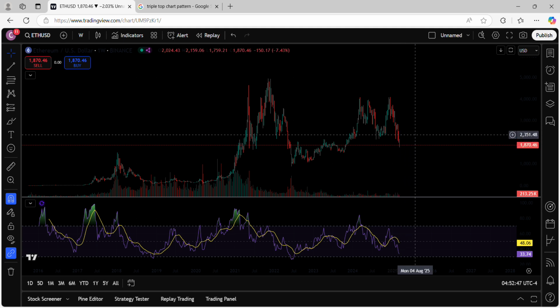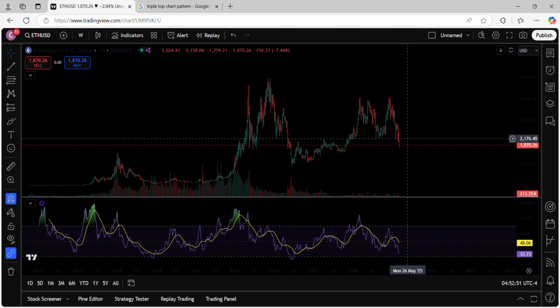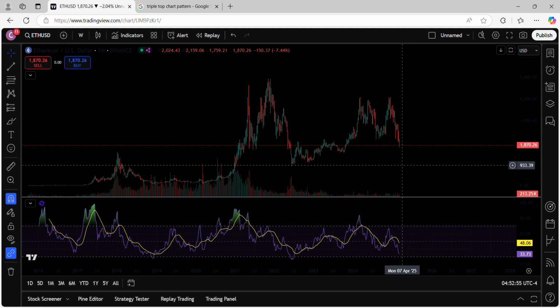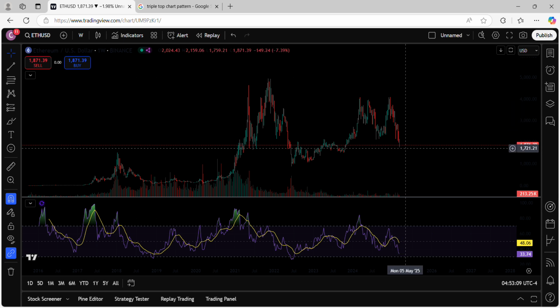How deep this right-hand portion of that triple top pattern goes in its retracement will depend on the macro environment. If there is no change and the stock market continues to fall, this right side of the structure will continue to fall as well.